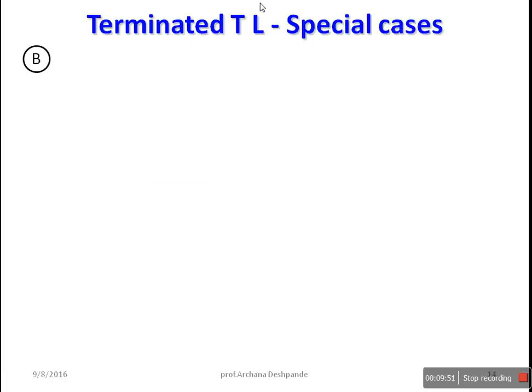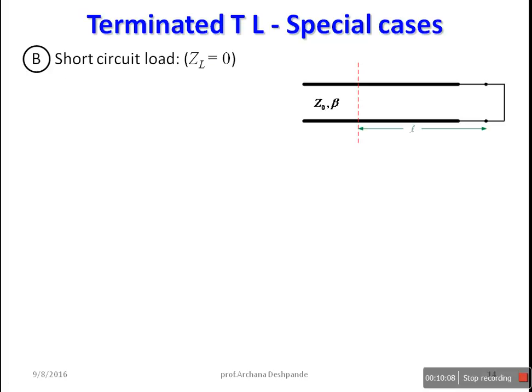Now let us consider some special cases of terminated transmission lines. We are going to terminate the transmission line with different standard load impedances. The first load impedance is 0, which is nothing but a short-circuited load. If I connect this transmission line to a short-circuit load, then tau L is calculated as ZL minus Z0 upon ZL plus Z0.